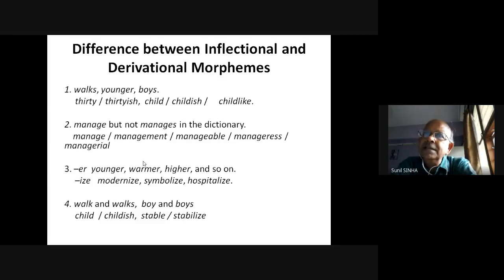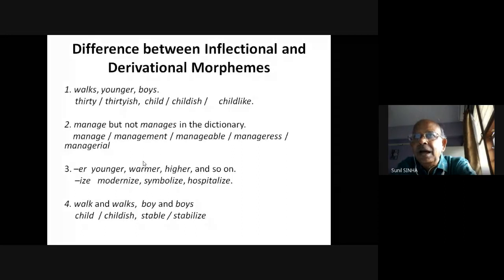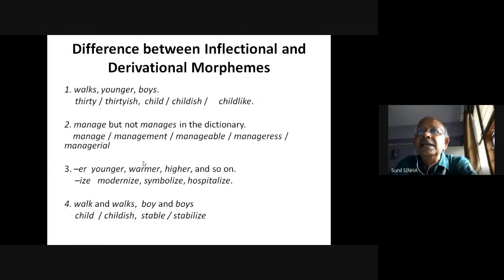Child is a noun. We add -ish, we get childish, and childish is an adjective. Child is a noun, childish is an adjective. How does child become an adjective? When we add -ish to child.